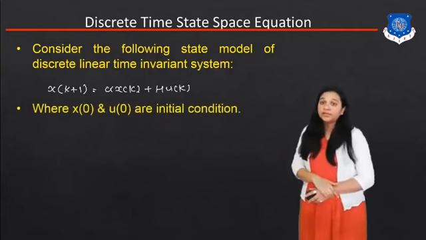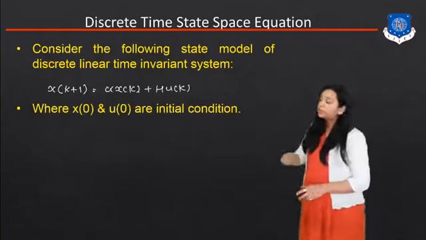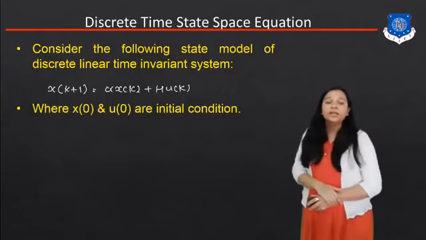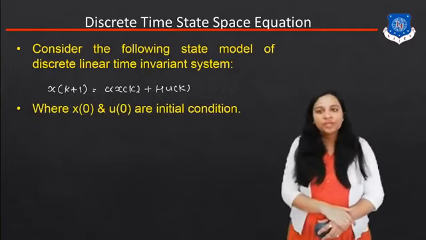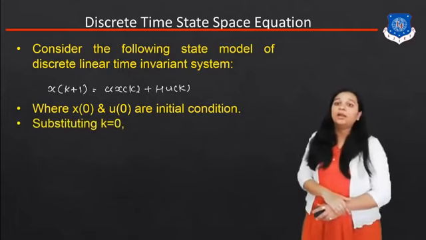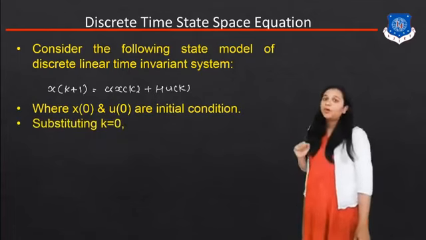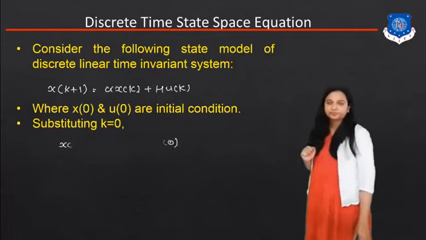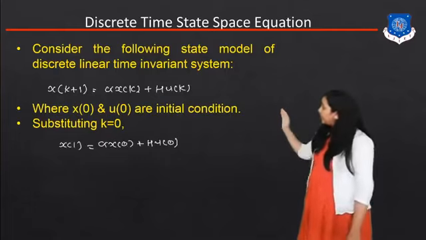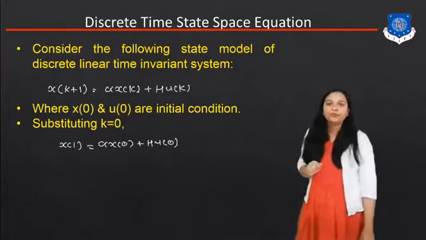Now the next step is where we have to define the initial condition. For this particular equation, x of 0 and u of 0 are known as the initial condition. Now substituting k equal to 0 in the above equation, we get x of 1 equal to G x of 0 plus h u of 0.